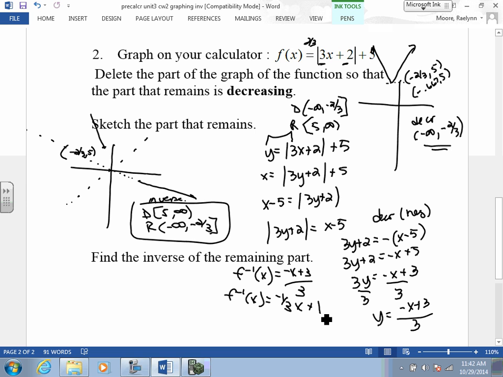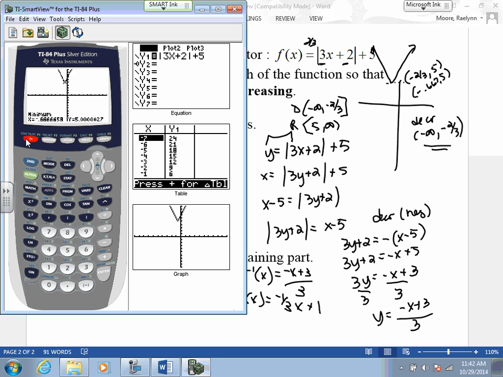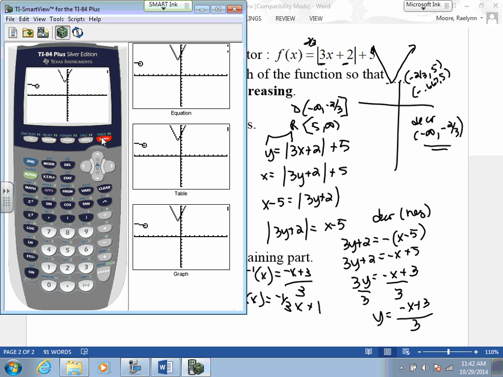Now, when I take this and graph it in my calculator, just like Rebecca said, that's a line. That's going to give me a straight line. Here's my graph. Remember, I'm just looking at this piece right here. Here's my graph, coming through.